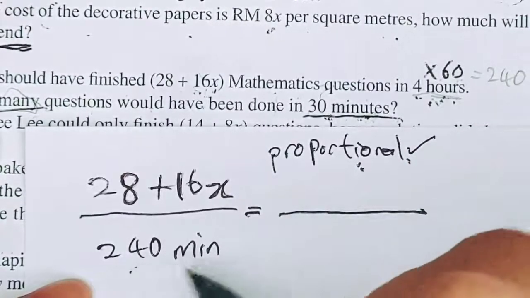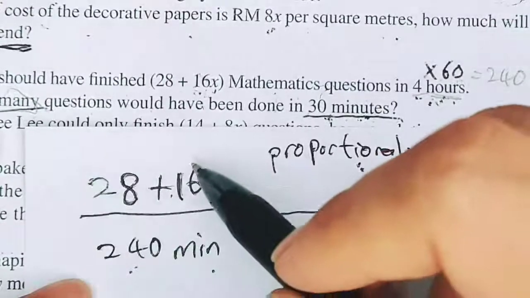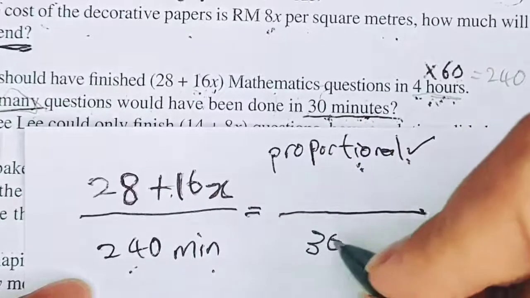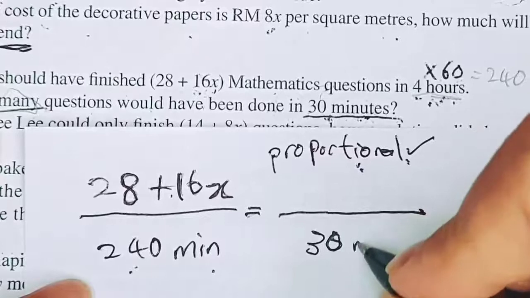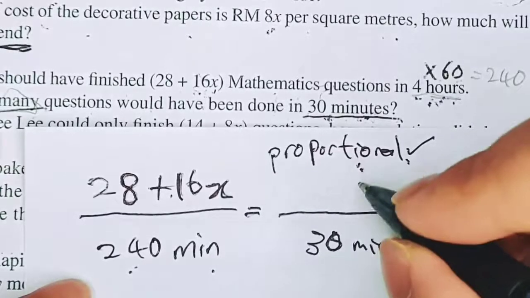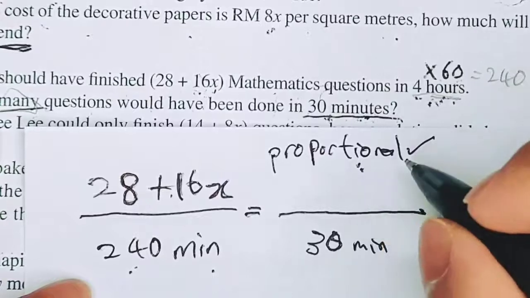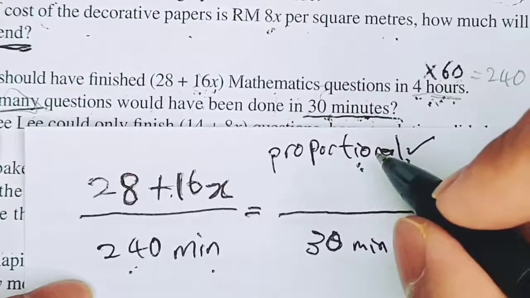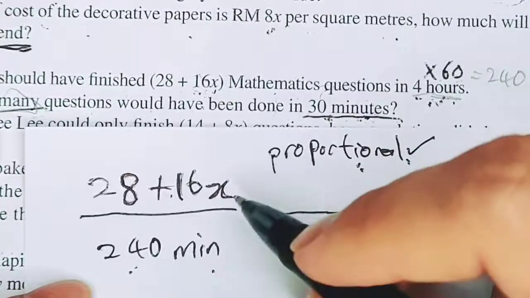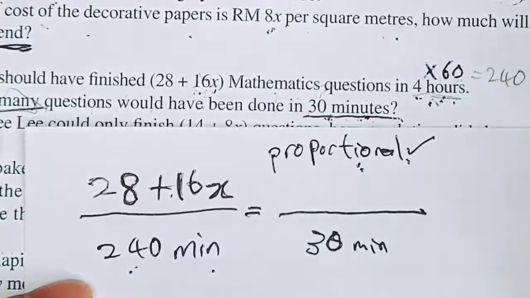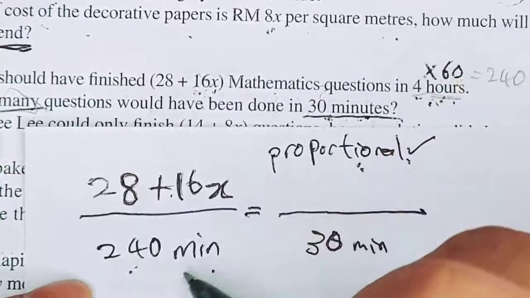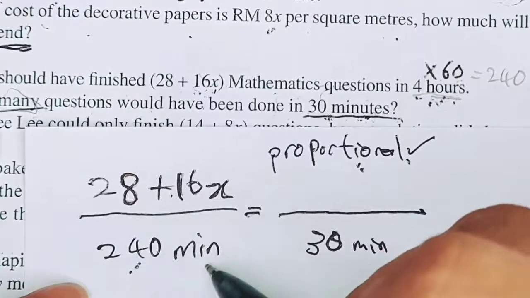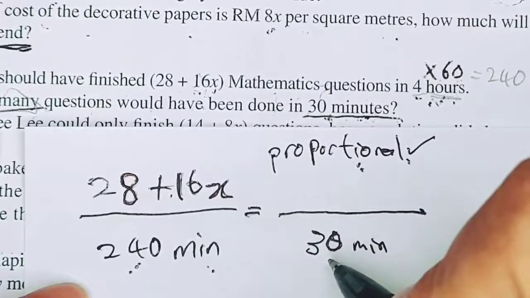If in 240 minutes we can solve this many questions, if 30 minutes is given, how many questions can we solve? This time we're going to use the scale of proportional. Do you still remember the skill of proportional? I hope so. So the idea is how 240 minutes becomes 30 minutes.